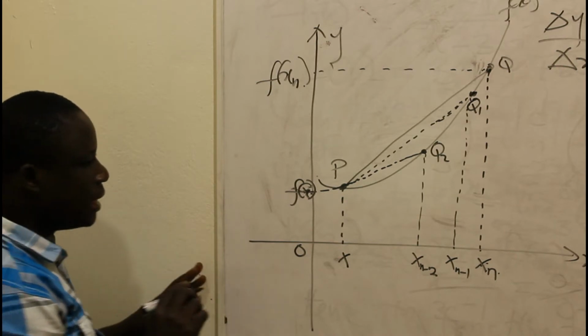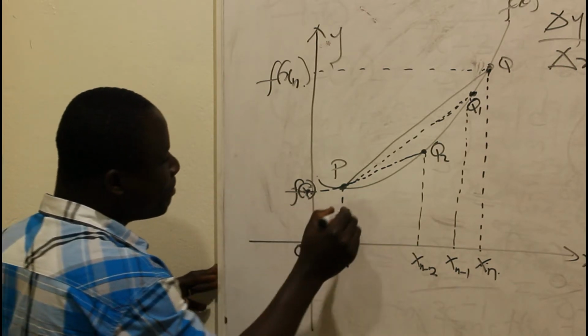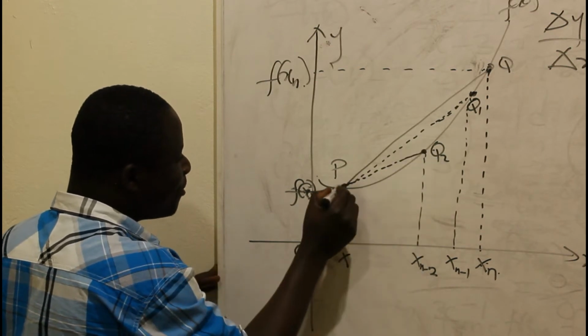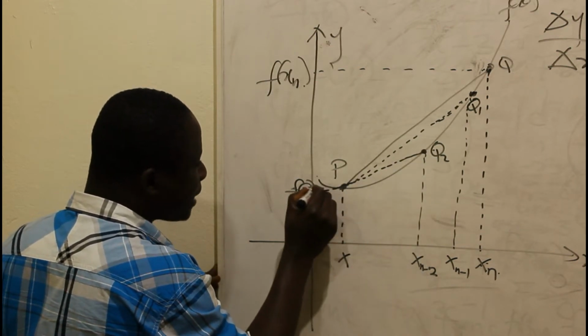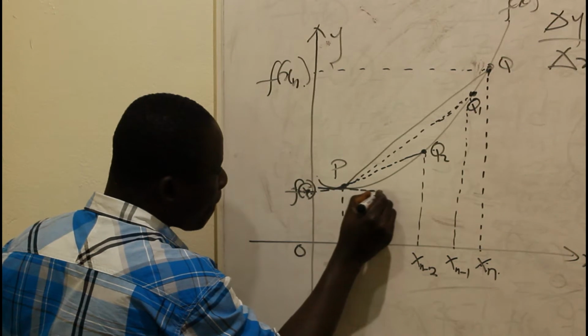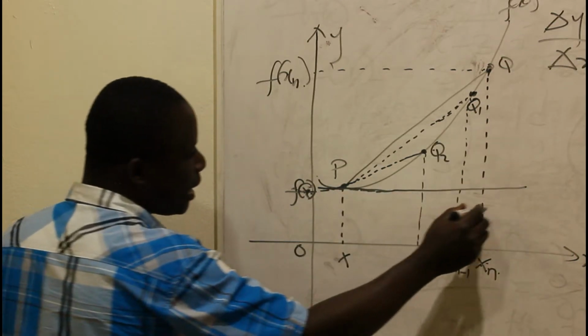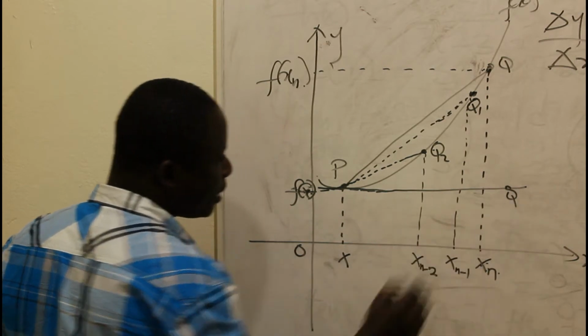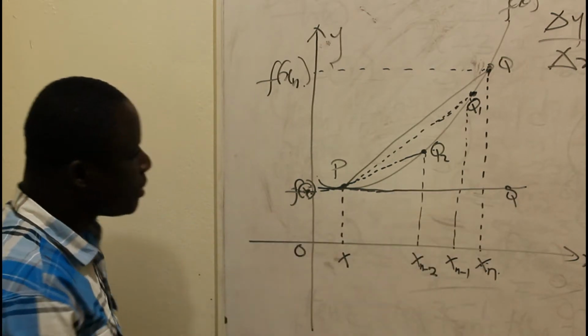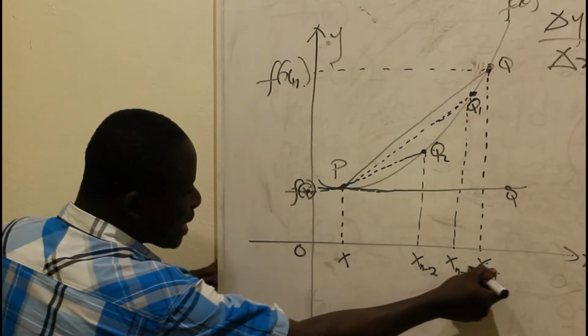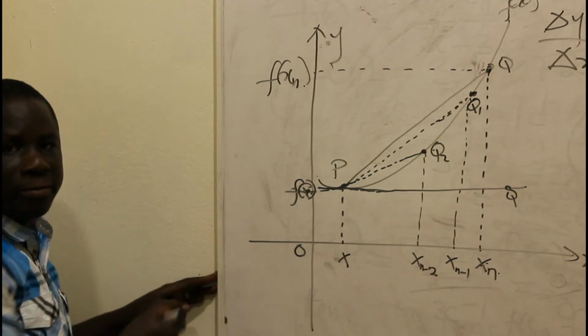So gradually, by the time Q becomes tangent, PQ will be the tangent, and that line will be here. If it is a tangent and Q sits here, then by that time the x differences are gradually approaching 0.